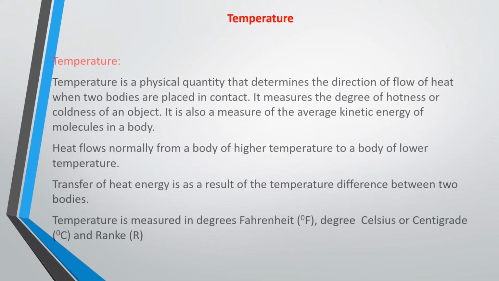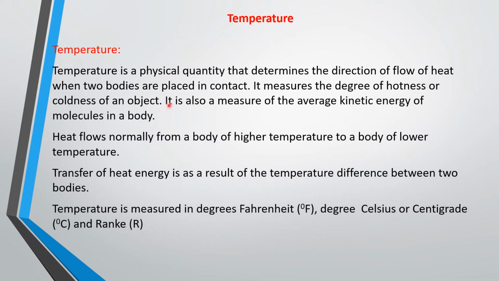So temperature is a physical quantity that determines the direction of flow of heat. That's what we just said about heat. Temperature measures the degree of hotness or coolness of an object.